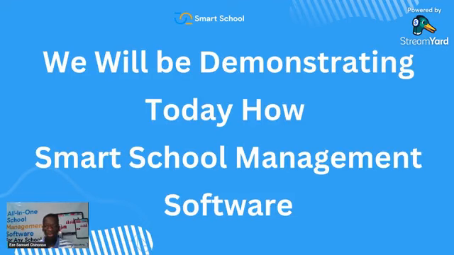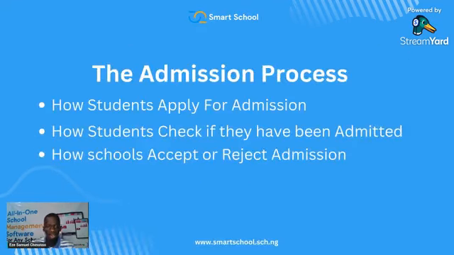All right, so that's what we have for today. Today, just like what I listed before, we will be looking at the admission process: how students apply for admission, how students check if they have been admitted, how schools accept or reject admission.